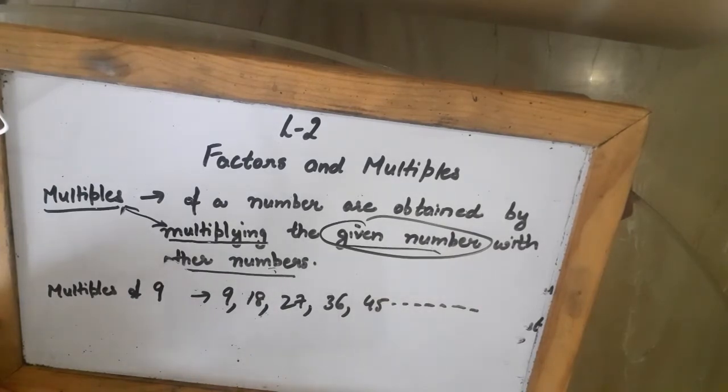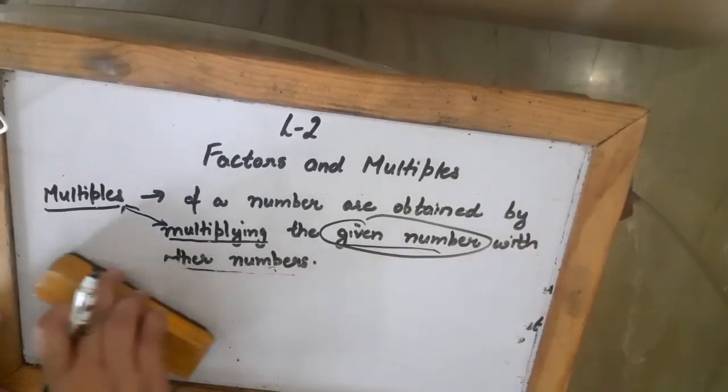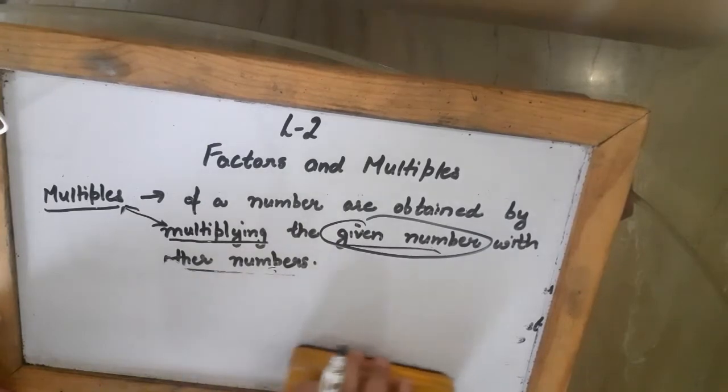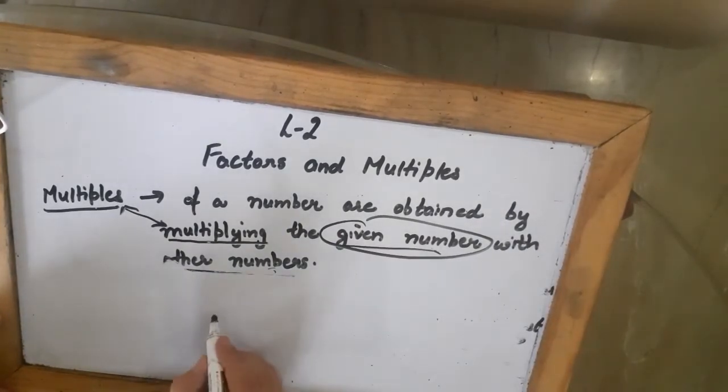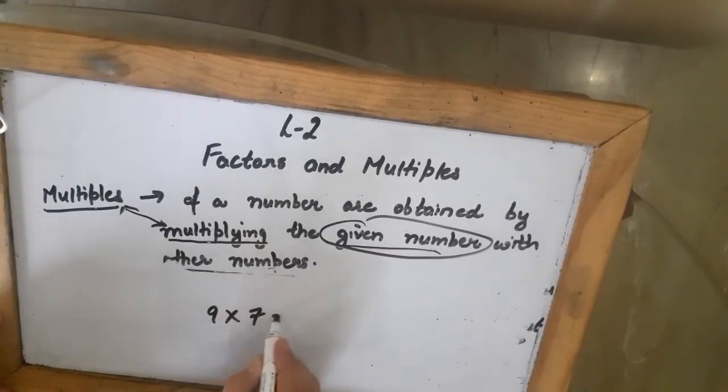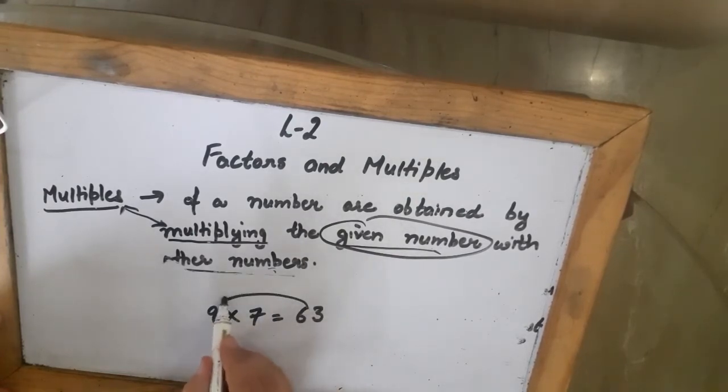Now we will understand what is the relation between factors and multiples. Okay, now when I say 9 sevens is 63, this 63 is a multiple of 9. Now this 63 is a multiple of 7 also, because 7 9s are 63 and 9 7s are 63.